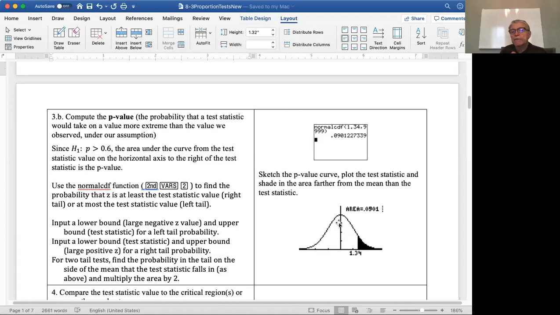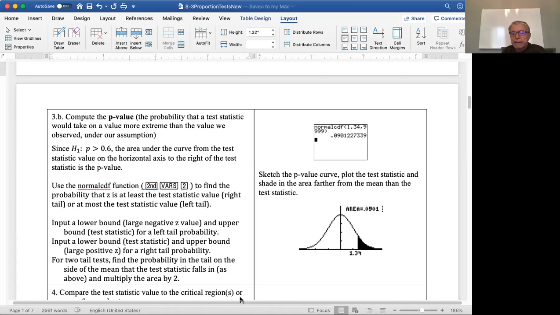But we can use a calculator to find those areas. And to find an area underneath the standard normal curve, the z, we are going to use the normal CDF, which is found at second vars again, and this time number 2.